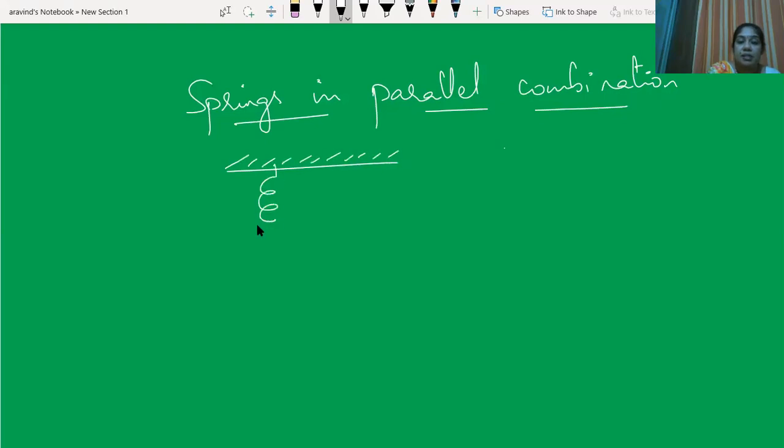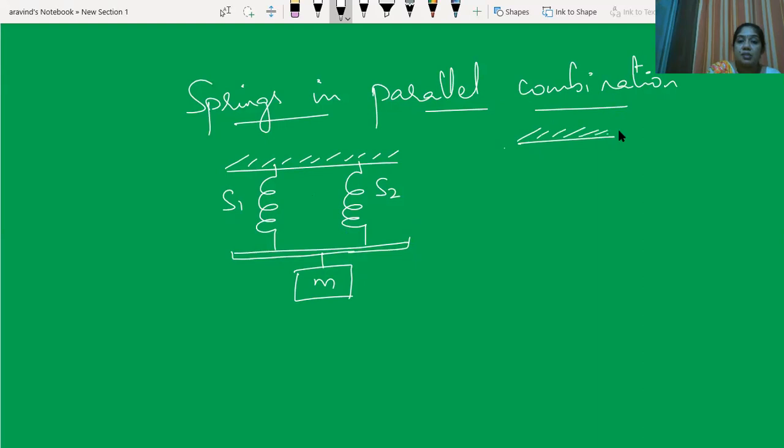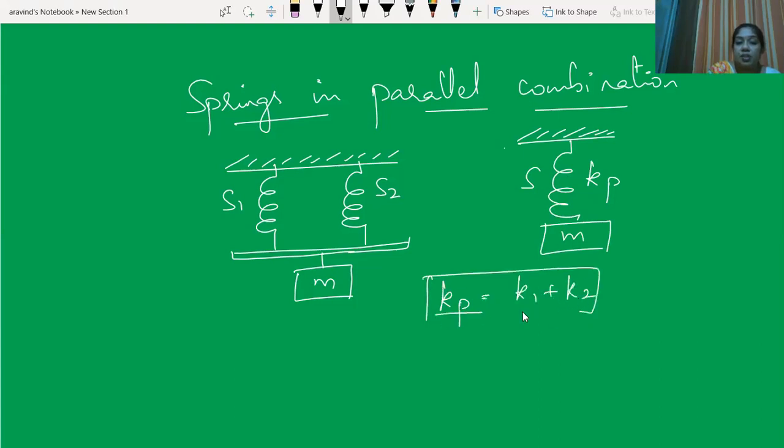In this case, let me consider two springs S1 and S2, both of them attached to a common load, say M. I can replace S1 and S2 by a single spring S whose spring constant is Kp, where Kp is equal to K1 plus K2. We'll be doing these two derivations in this section. Thank you.